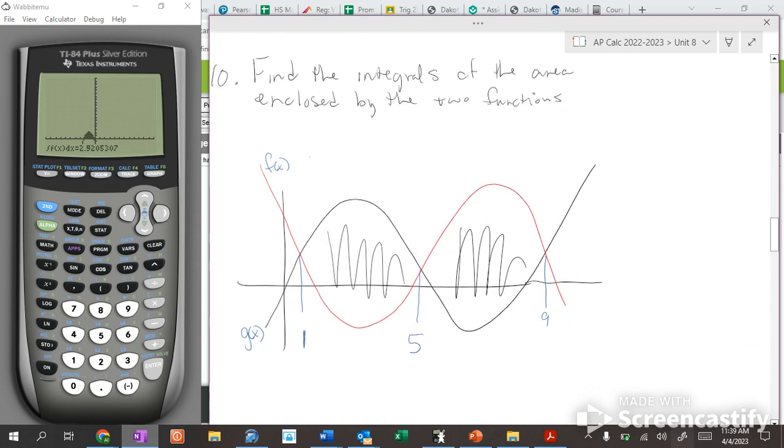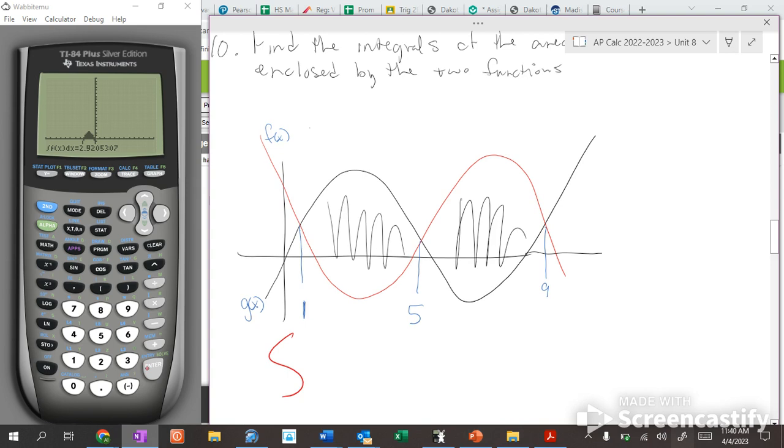This one, not even looking for a numerical answer. Find the integrals of the area enclosed by the functions. So how would we do this? So you'd integrate from where to where? 1 to 5 would be what minus what?